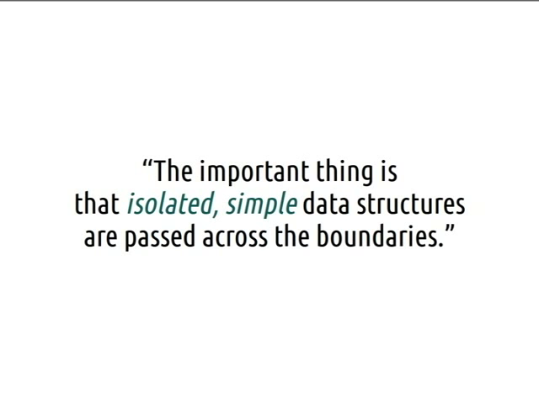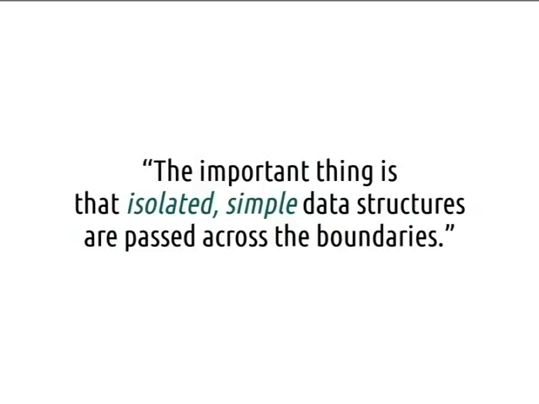But the key is to pass these simple data structures across the boundaries, because that's going to give you that decoupling. If you're passing some ORM object across the boundary, then you're passing not just this one object, but this entire object graph of all the state, of all the things that that object depends on that are hidden from you by the ORM.